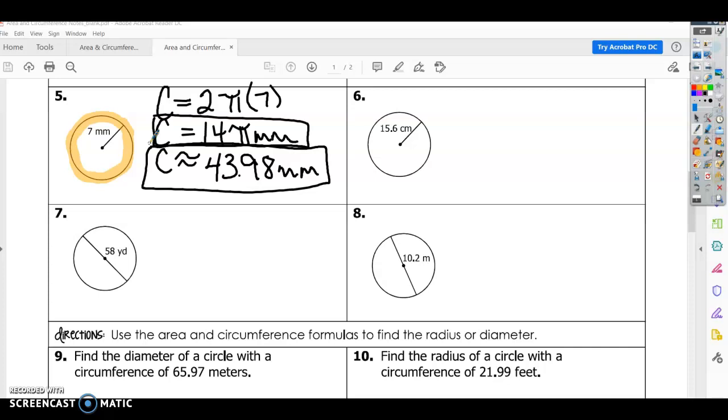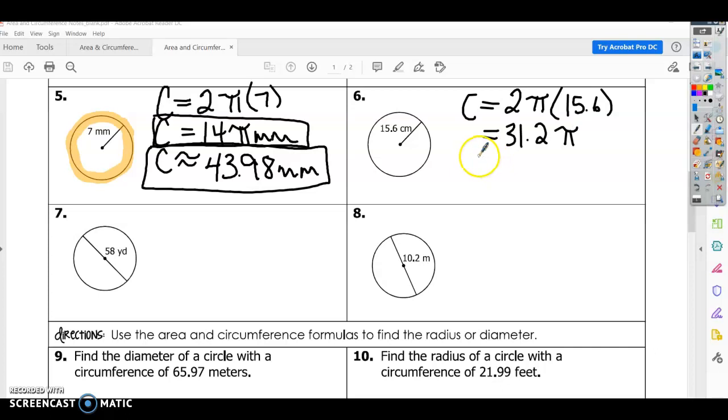or if they ask for it to multiply out, 43.98 millimeters. All right, so for number 6, we're going to have circumference equals 2 pi times 15.6. And 2 times 15.6 is going to be 31.2 pi.